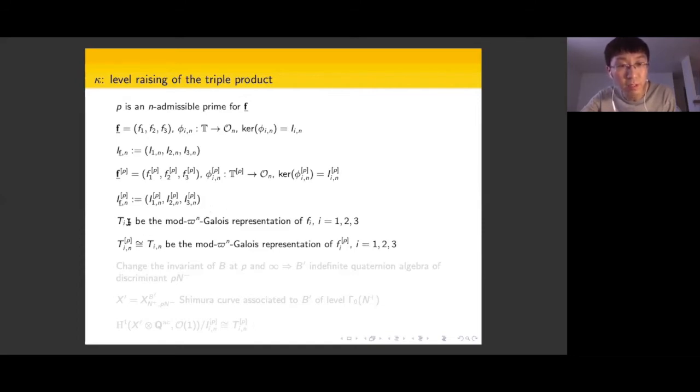Then we have the mod pi^n Galois representation for each modular form and for the level raised version. Since the modular forms are congruent, the level raised version will be isomorphic to the unlevel raised version.